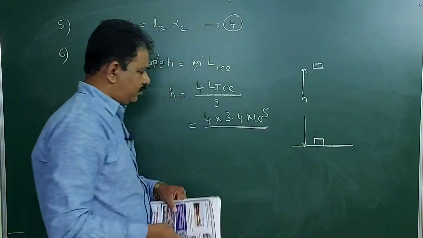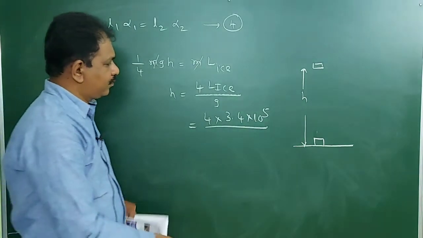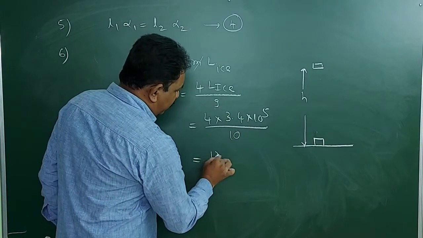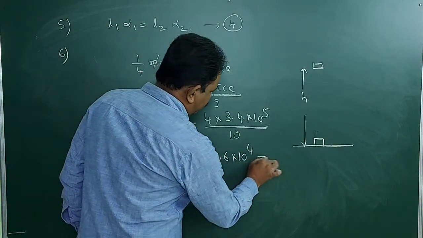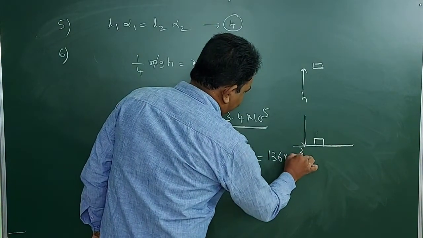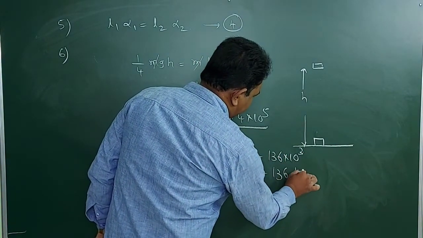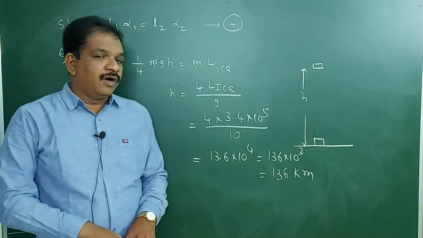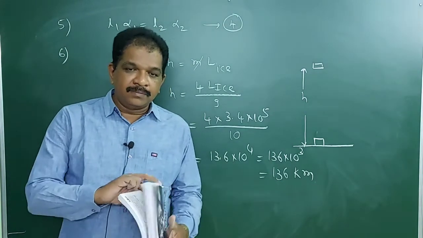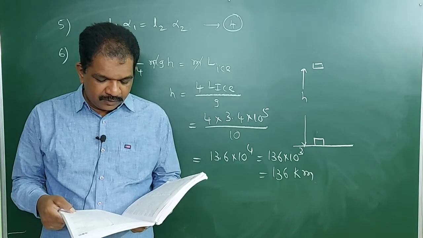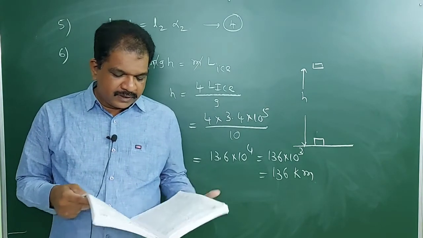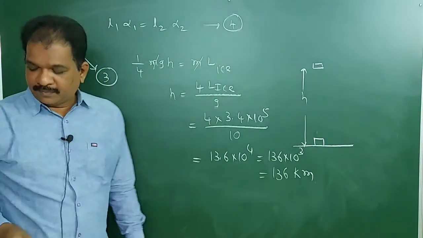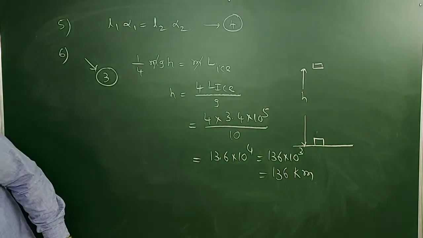G value they gave as 10. So 13.6 into 10 power 4, 136 into 10 cube, 136 kilometers. So if the ice is falling from this height, it will completely melt into water. So sixth question, it will be third option. Next, see the seventh one.